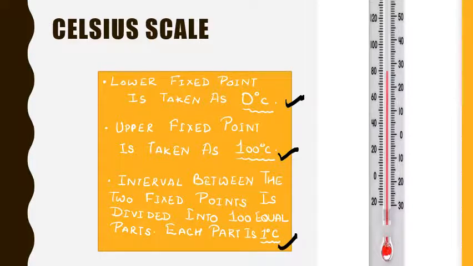Here you can see in this thermometer also, it is starting from 0 to 10. You can count, there are 10 margins. So it becomes 10, then 20, 30, 40, 50 and so on.